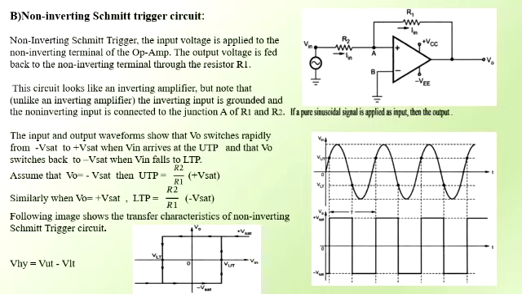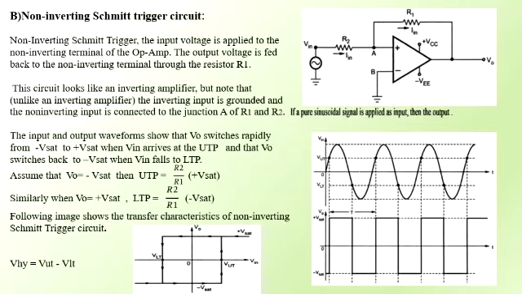LTP is the lower threshold voltage, meaning when Vin is more negative than VLT, the output goes from positive saturation to negative saturation.